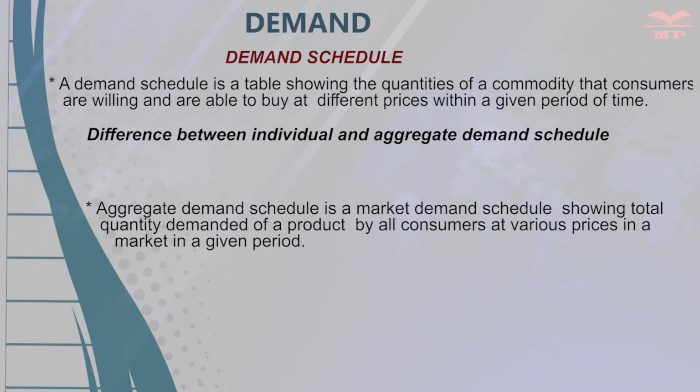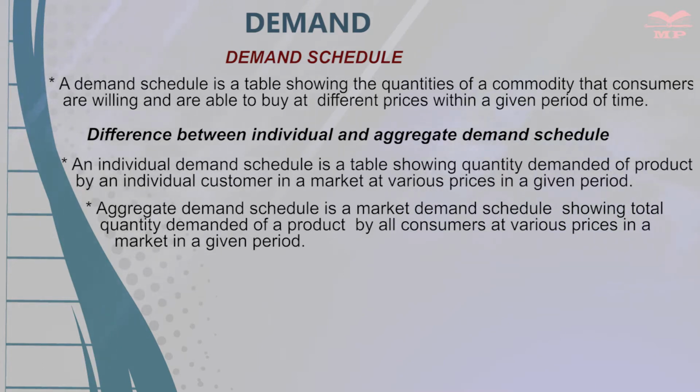Aggregate means the total. So what's the difference between an individual demand schedule and an aggregate demand schedule? An individual demand schedule is a table showing quantity demanded of a product by an individual customer in a market at various prices in a given period.